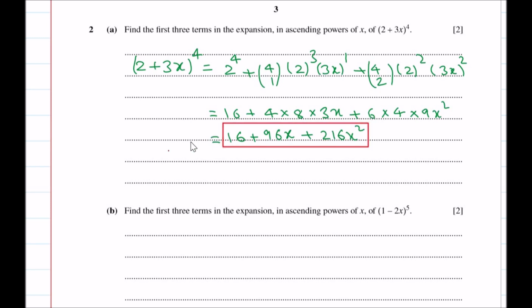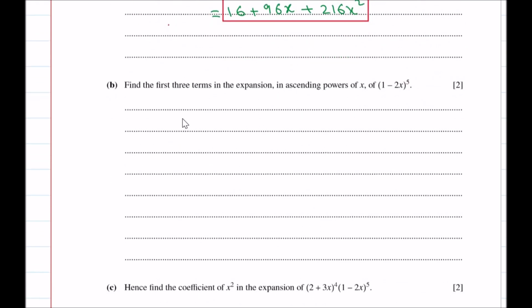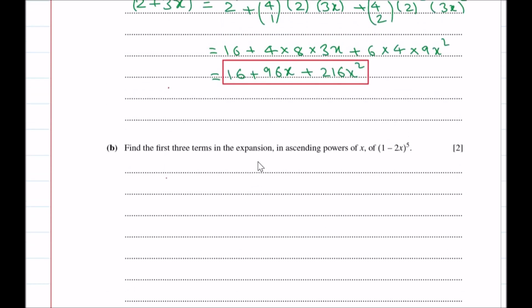Okay. So next. Now find the first 3 terms in the expansion in ascending powers of x of (1 - 2x)^5. Okay.